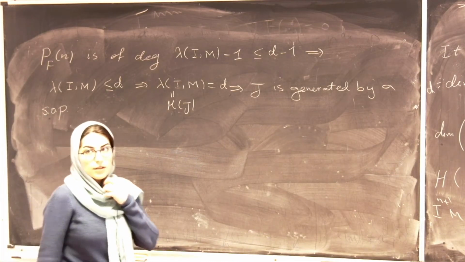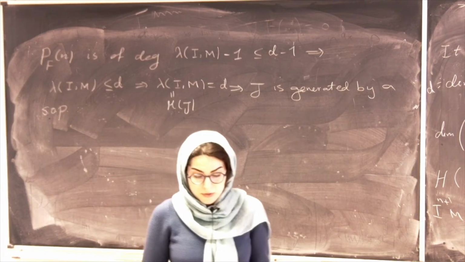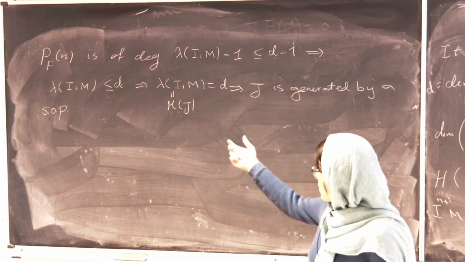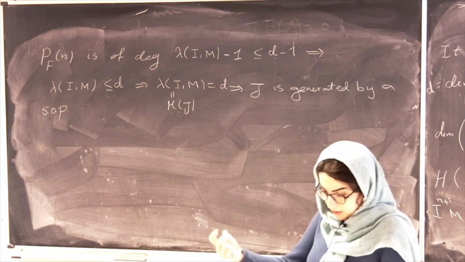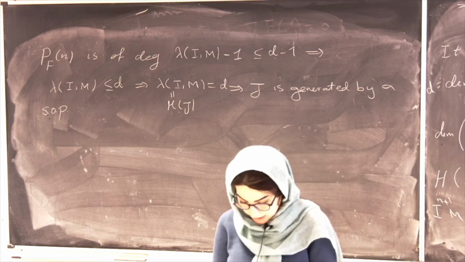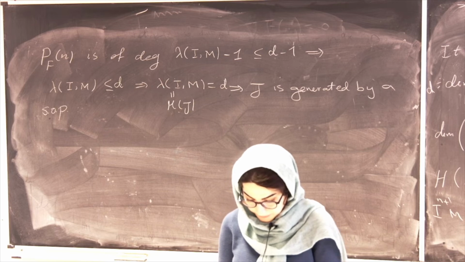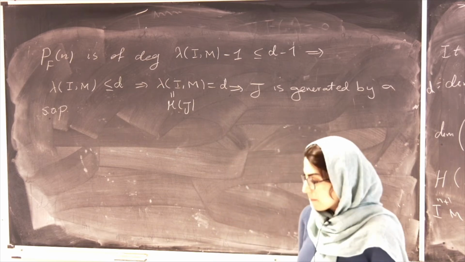And this was what we were looking for. So from now on, we can use this theorem. When our field is infinite, we can just replace I by a system of parameters to compute the multiplicity. Okay.